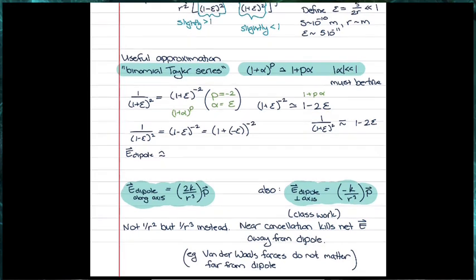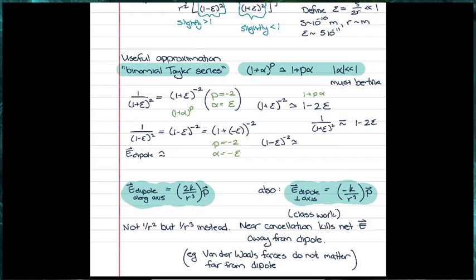And it seems like in this case, if p is minus 2, and alpha is negative epsilon, then I can write this as 1 plus alpha all to the p. So then, what does it say? It says that 1 minus epsilon to the minus 2 is approximately 1 plus p alpha.